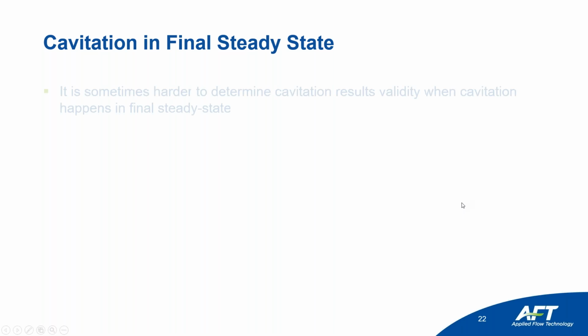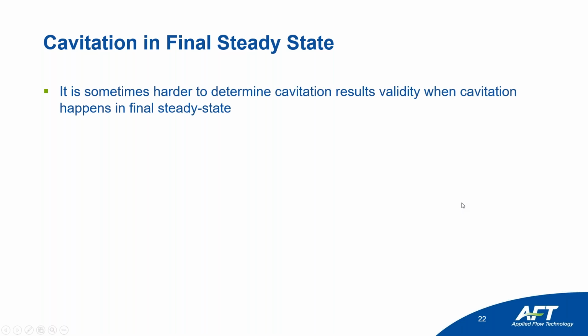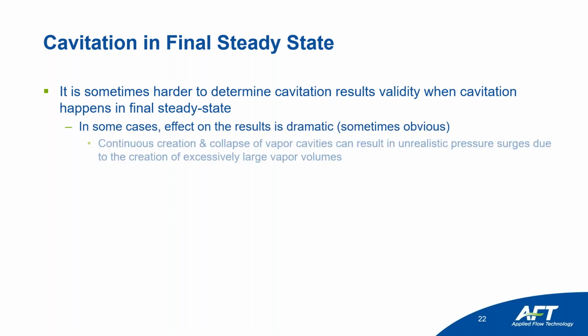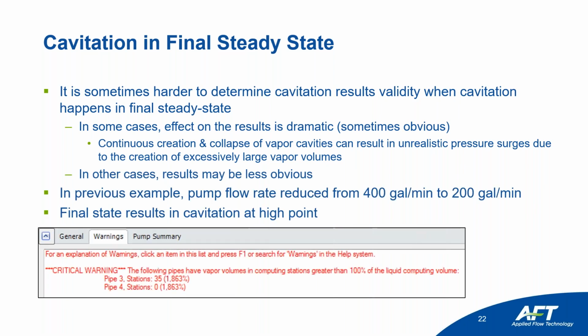All right, so marching forward here, if you are cavitating in a final steady state, it's a bit more difficult to identify. So the results can be a lot more dramatic. So here, instead of going from 200 gallons per minute to 400, I'm going to do the reverse. I'm starting at 400 GPM, going down to 200 GPM.